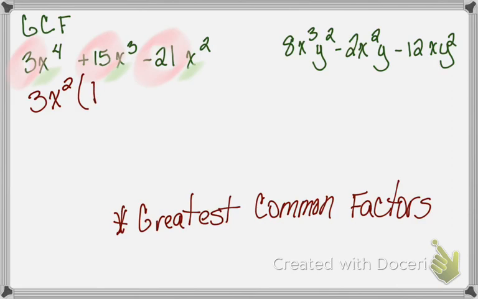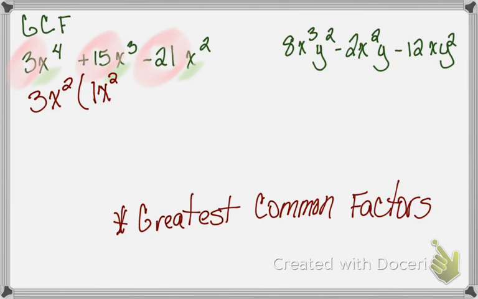Then I have x squared times what gives me x to the 4th? Good, x squared. Okay? So there's 2 steps. You deal with the number, then you deal with the variable. Okay? Here, we're going to deal with the number, the x variable, then the y variable.